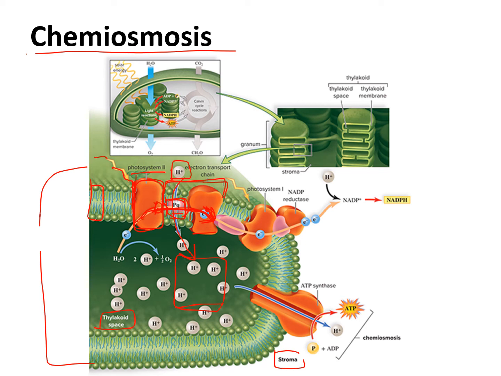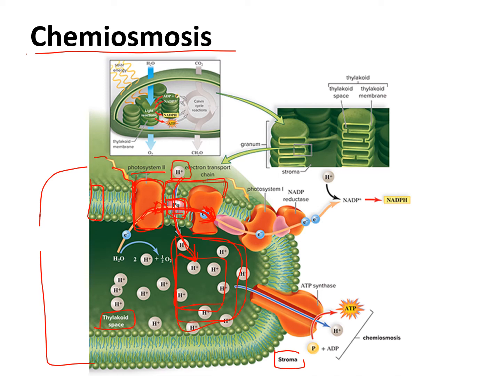So movement of electrons across the electron transport chain is allowing active transport of hydrogen ions into the thylakoid space. So this is going to result in a buildup of a high concentration of hydrogen ions in this inner space.